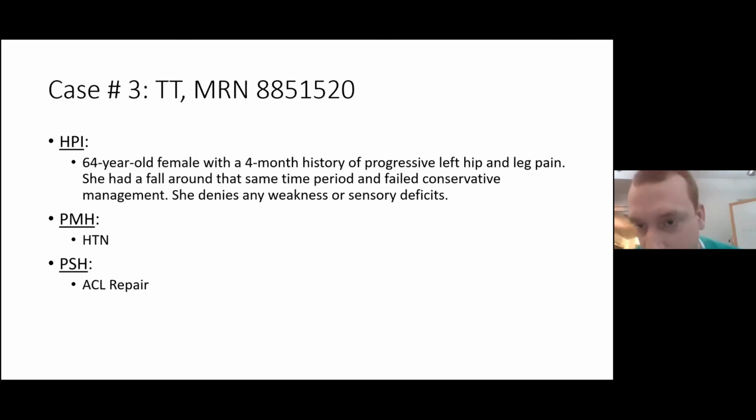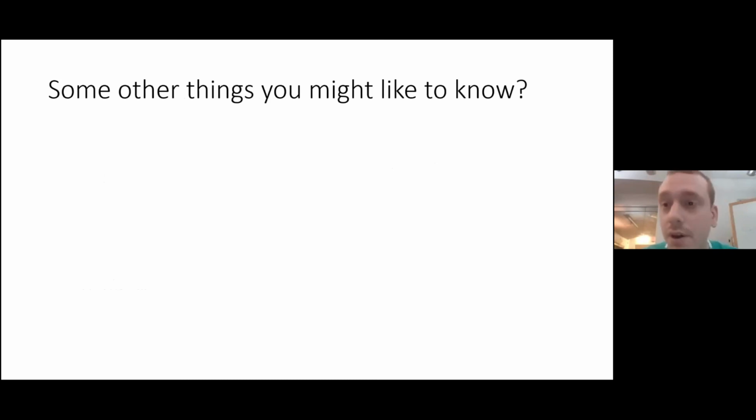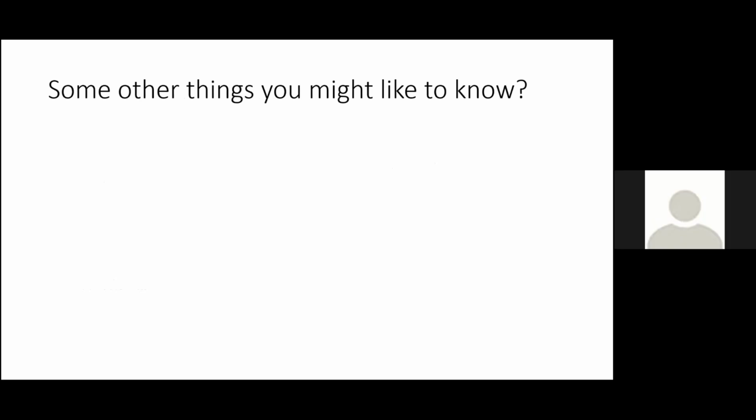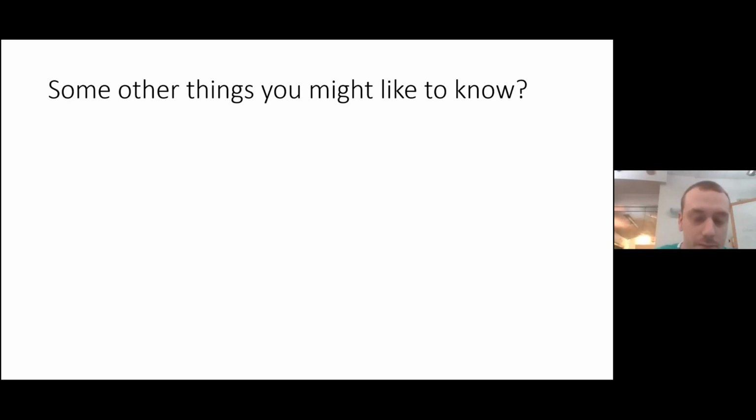So a patient with, again, left hip and leg pain, what are the things you want to know about her symptoms? Any other weakness? Does she have any back pain? Is the pain in a dermatomal distribution? Exactly. Any bowel or bladder issues? Exactly.